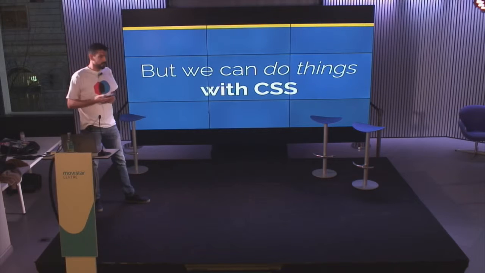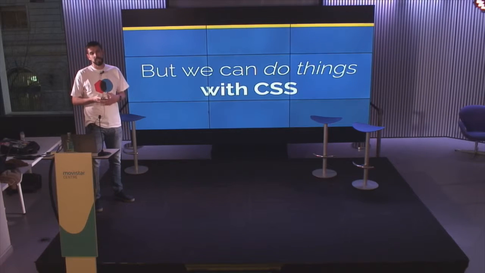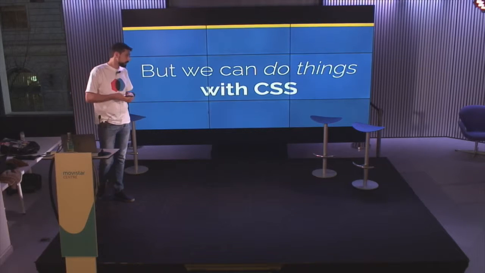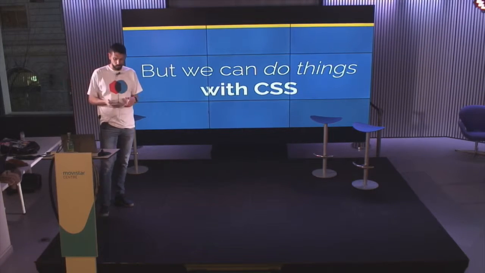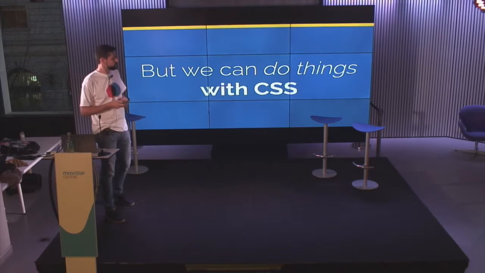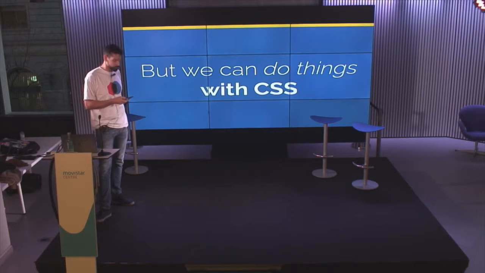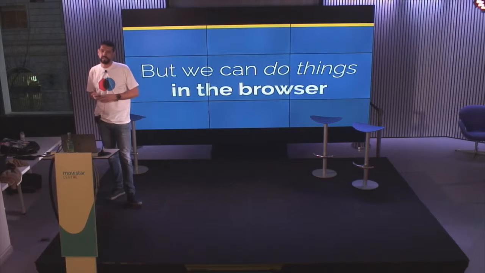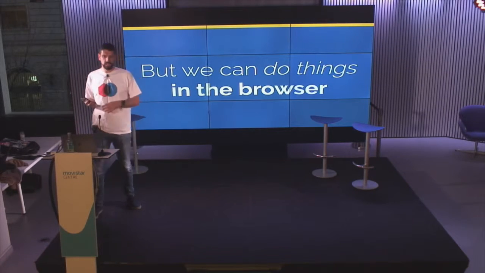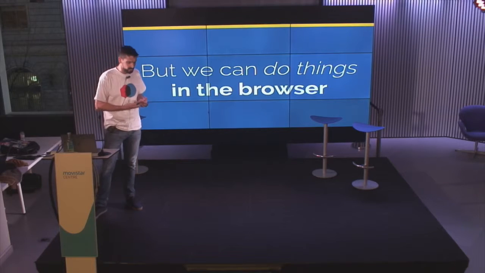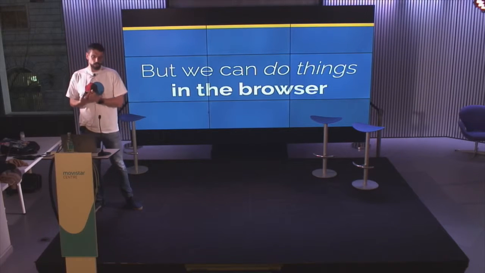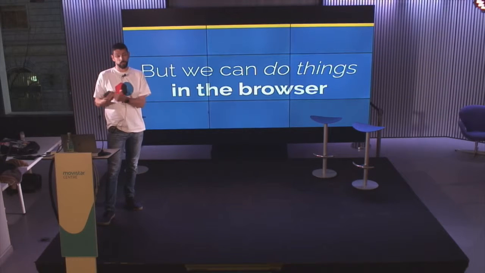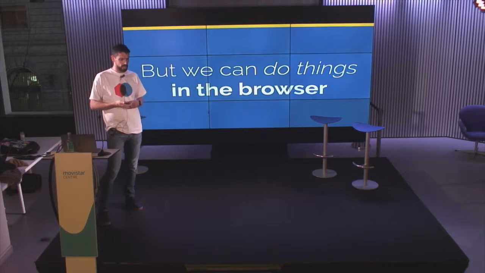When Sass appeared, this simplified a lot of the work in the styling part. But the thing is, CSS has been evolving a lot during the last years, and we can do things with some of the new features. That means that we can do things natively in the browser, and as front-end developers, our goal is to use as many native features as we can.